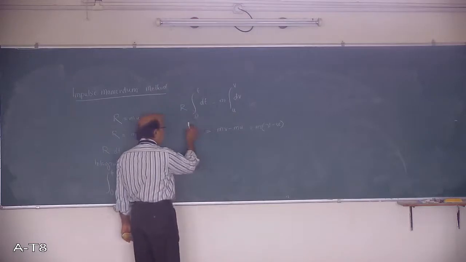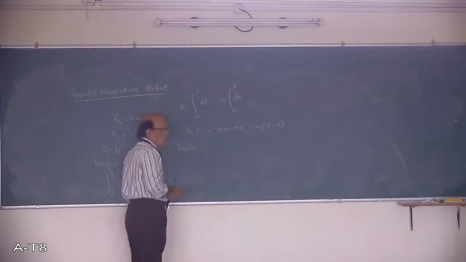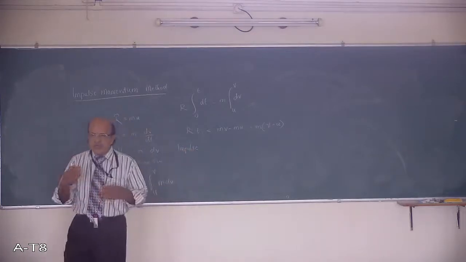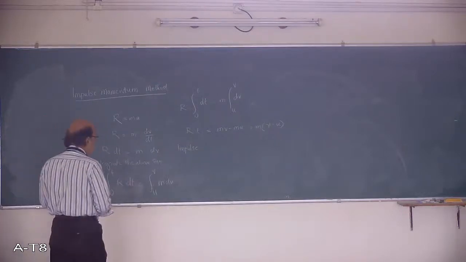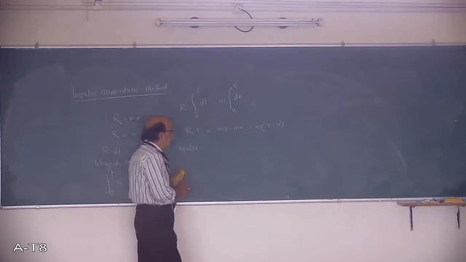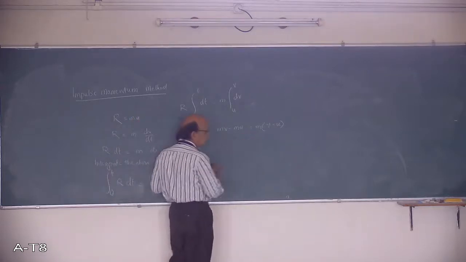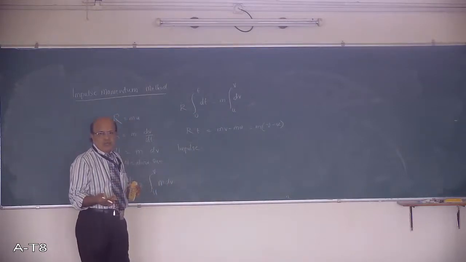The left side of this equation we call the impulse. The force and the time of contact of that force on the object result in the impulse, and the right side is the change of momentum. What is the initial momentum and what is the momentum after application of this force?